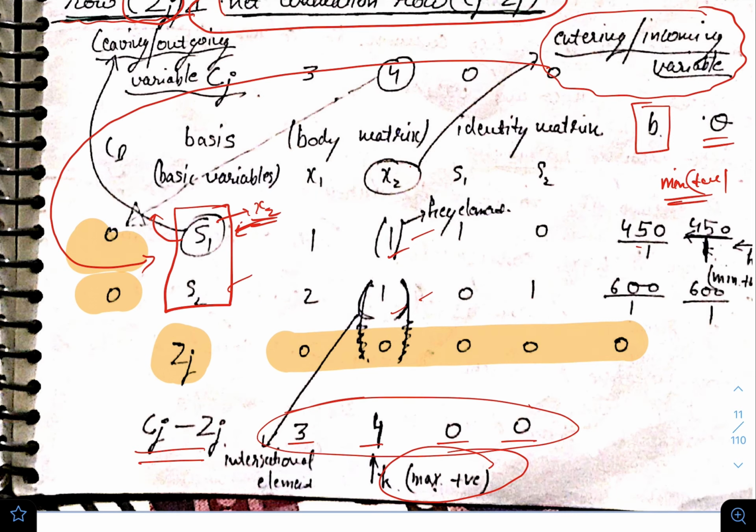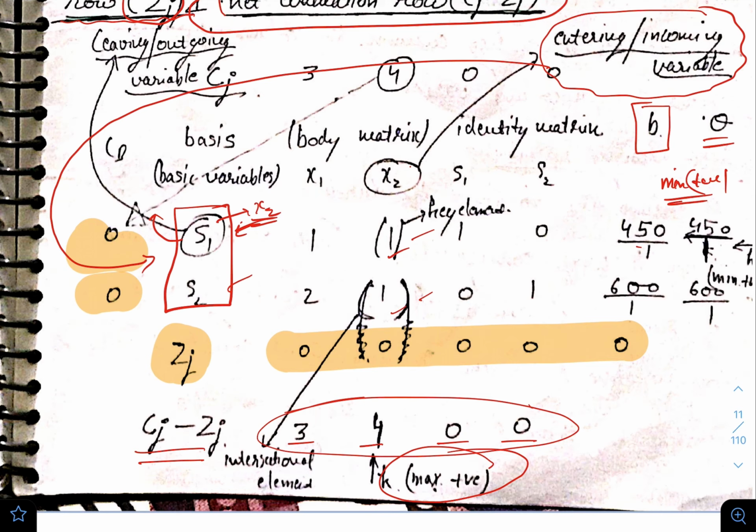If any value is positive, then I have not reached the optimum solution. Then further, I will select the maximum positive value from my Cj minus Zj, and that will act as the key column. And the variable corresponding to that key column will be my next entering variable or incoming variable in my basic variables column.